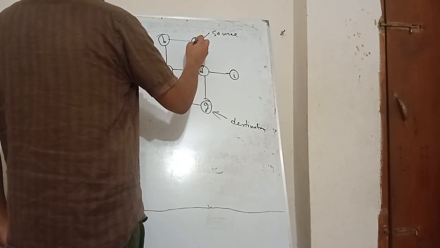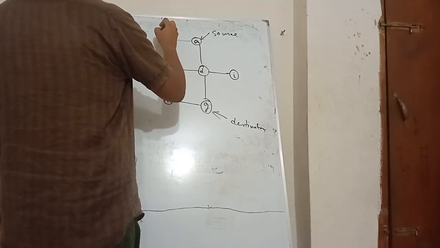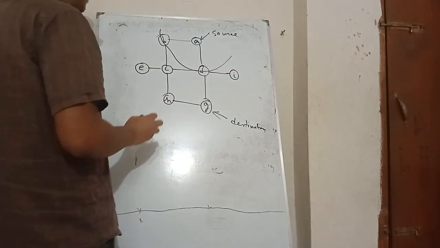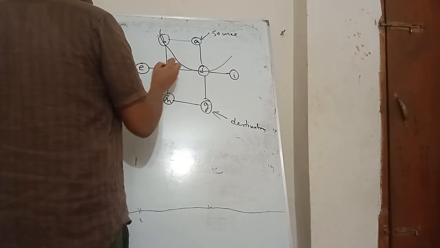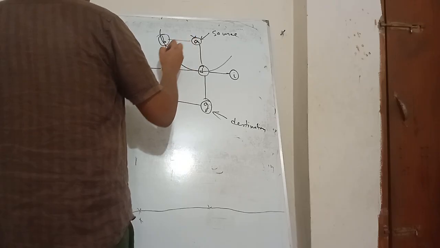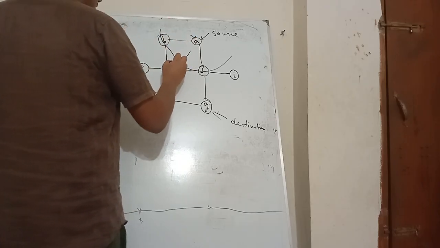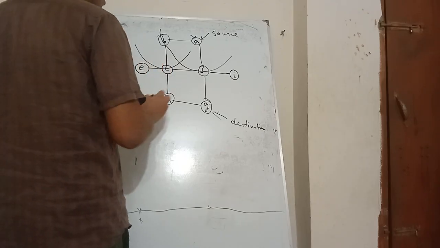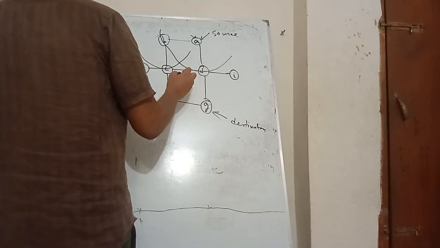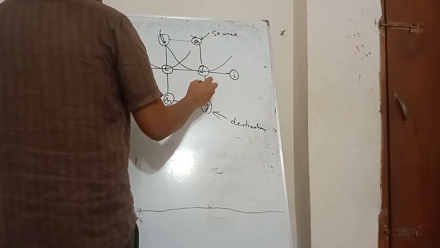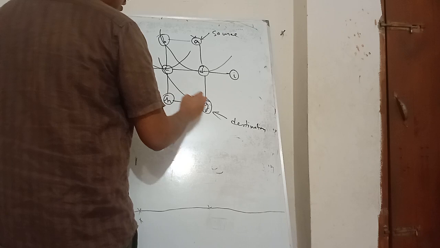So using BFS from A, we reach B and D. From B we can reach A, which is already visited. So from B we can reach C, and from D we can reach C, G and I.